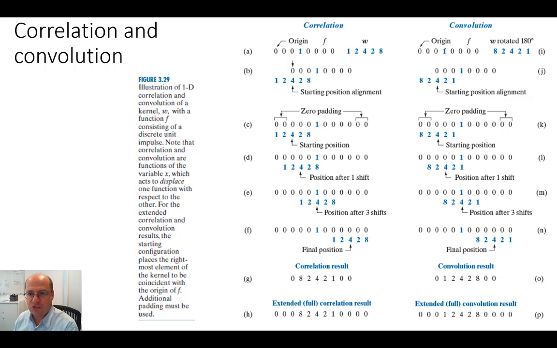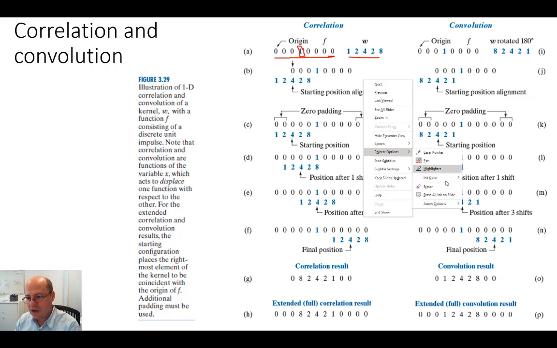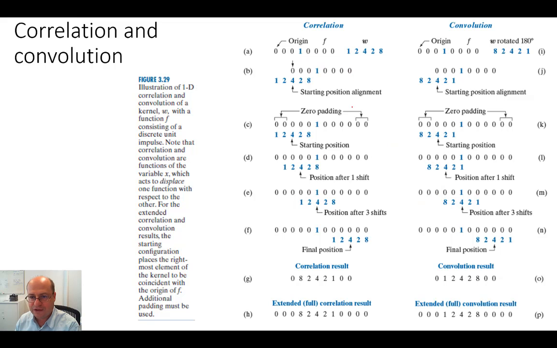But let's see the results of applying convolution and correlation on this simple example, using this simple image, which has only one non-null pixel, and this simple kernel, two linear matrices, two vectors. For the starting position, I always apply the operation on the pixel at the middle of the kernel, so I align the middle with the origin.